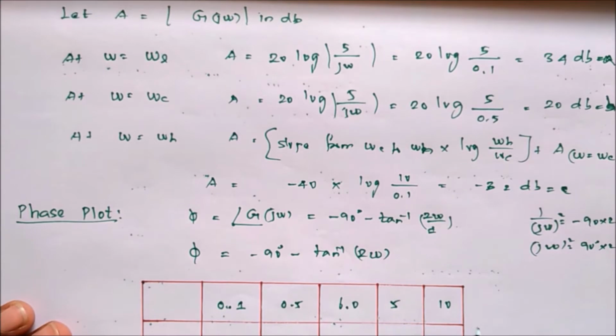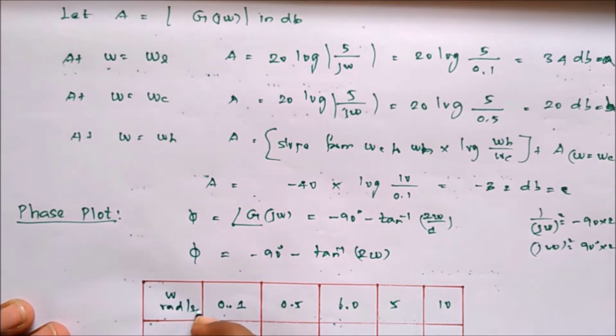First we take the corner frequency, and we already assumed the lower and highest corner frequencies, and in between we select intermediate frequencies. So this column should be frequency in terms of radian per second, and this one is the angle in degrees.